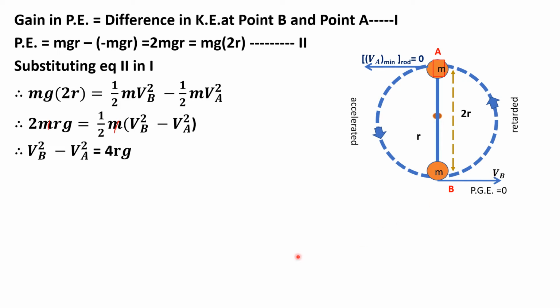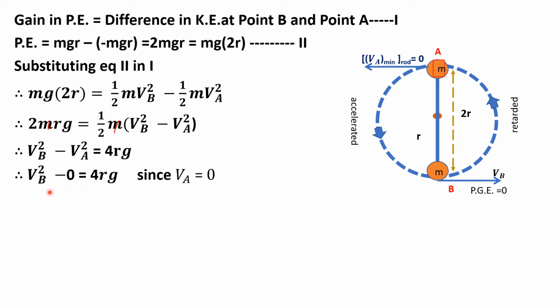We can cancel out the term m from both sides and rearrange the equation. We can write Vb square minus Va square is equal to 4rg. Now we know that in the case of a rod, at the uppermost position, the velocity is 0. So just substitute the Va square value as 0.